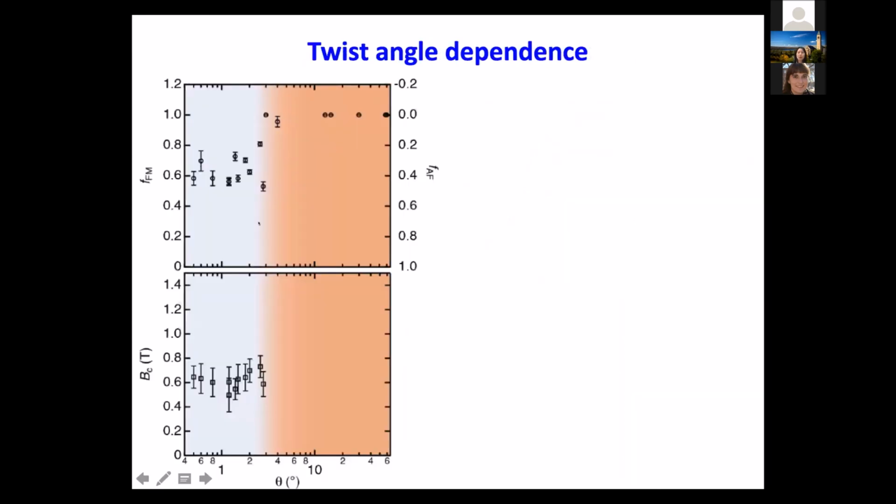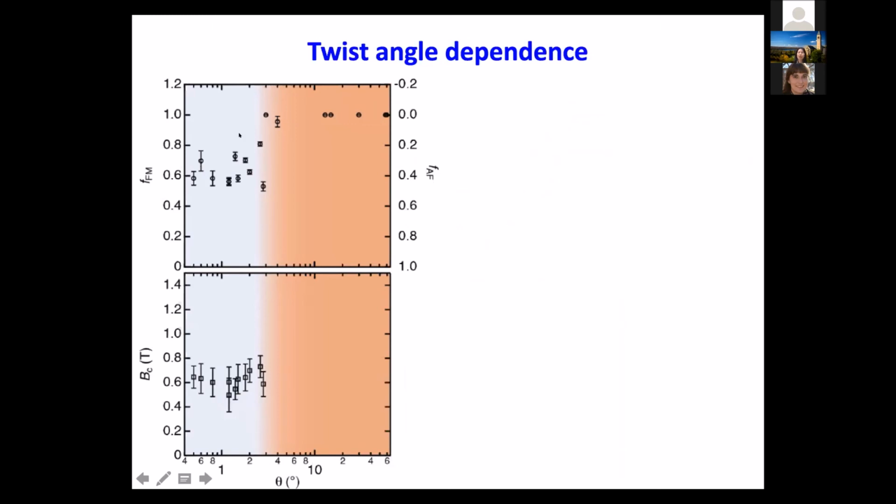Okay, so let's put the results from different samples together. What I'm showing here is the percentage of ferromagnetic domain as a function of twist angle from 0 to 60 degrees. After 60, you repeat because of a threefold rotation. And you can see here there is a kind of step change around 3 degrees.